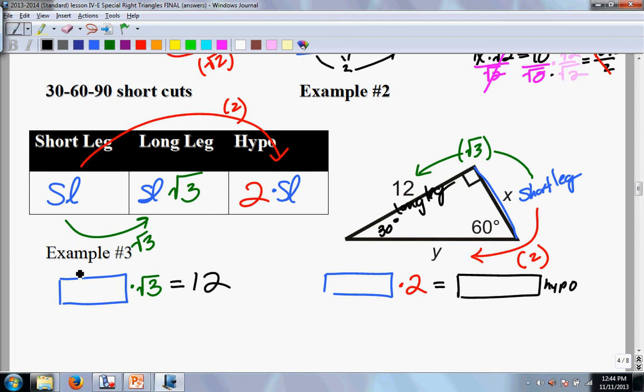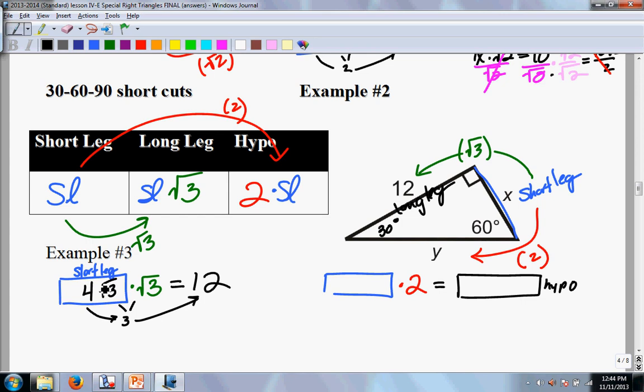So going back to our mystery short leg box over here. First off, you should know the pattern that we at least need a root 3 in here, because root 3 times root 3 is 3, but we're not done. We ask ourselves, what times 3 is 12?